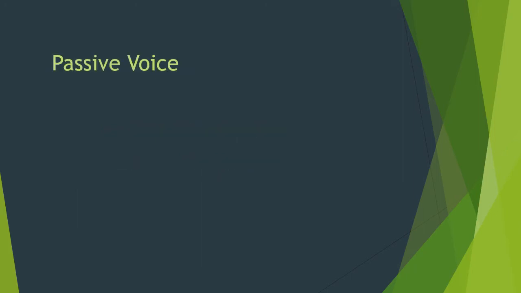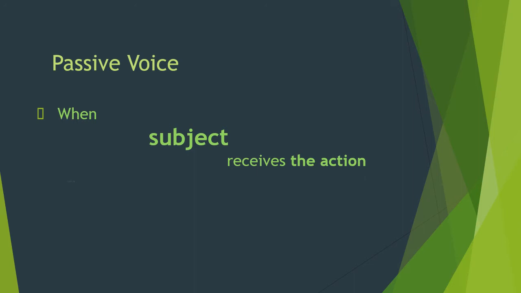Now let us learn about passive voice. What is a passive voice? It is nothing but vice versa of active voice. That means when the subject receives the action or else when the object does the action.